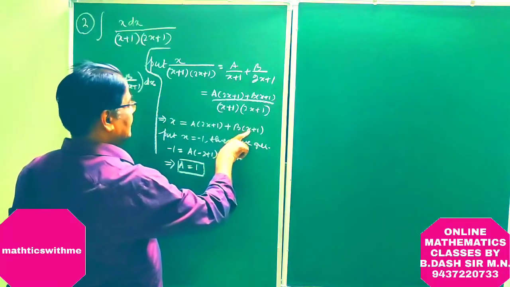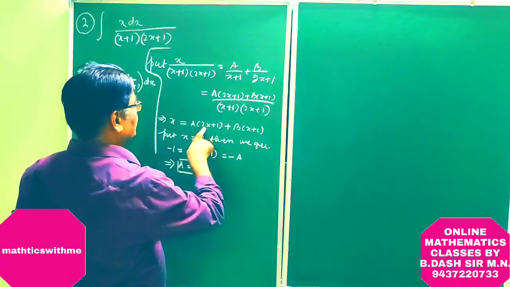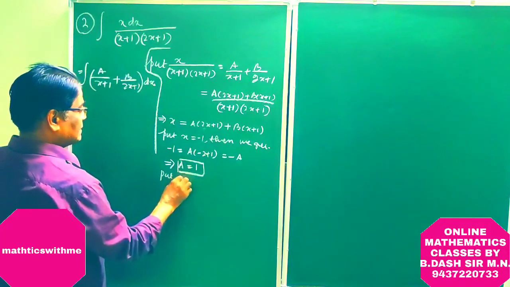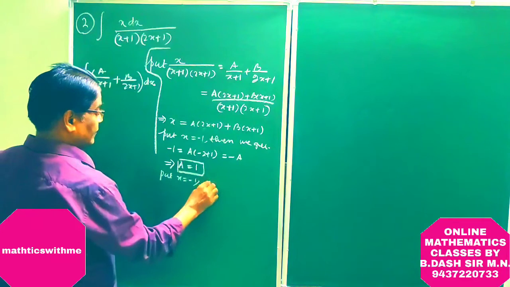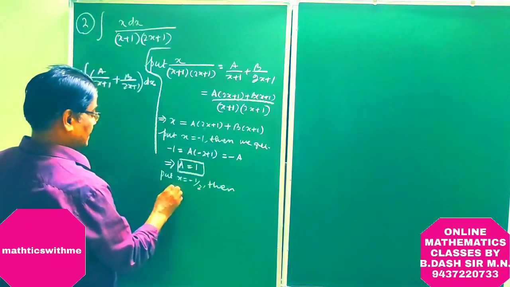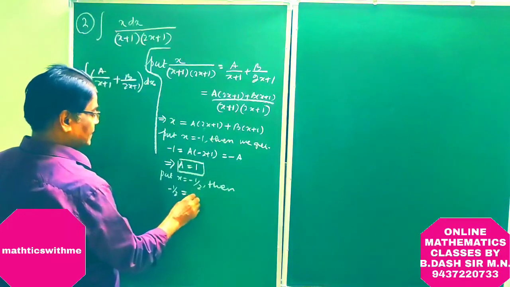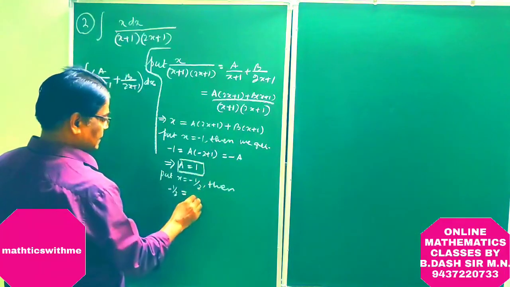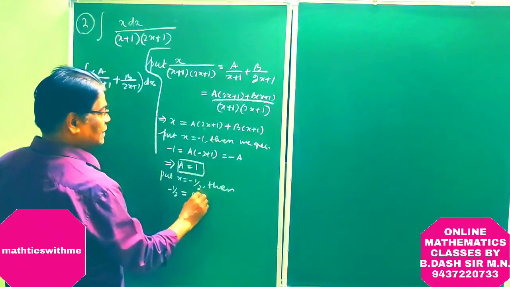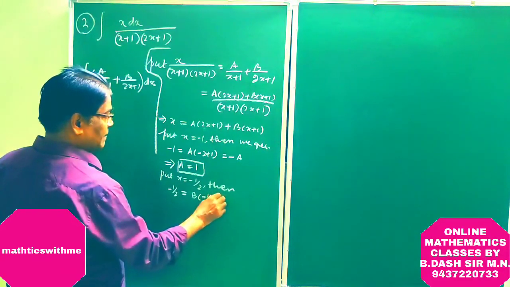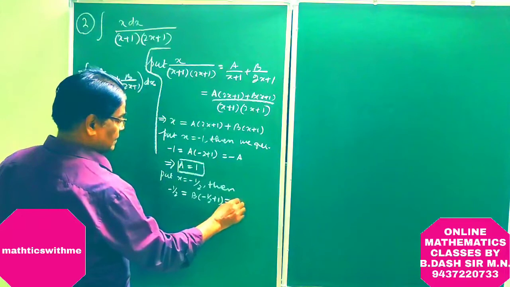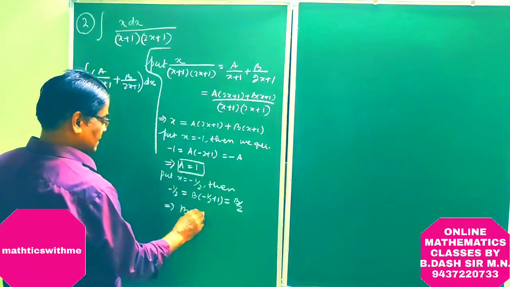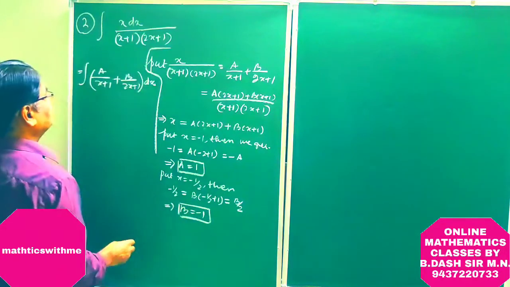In order to find the value of B, we put x is equal to minus half. Then minus half is equal to, this expression will be 0, and this is equal to B into minus half plus 1, which is B by 2. So this gives us B is equal to minus 1.